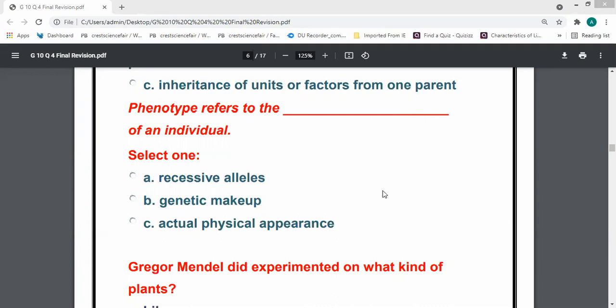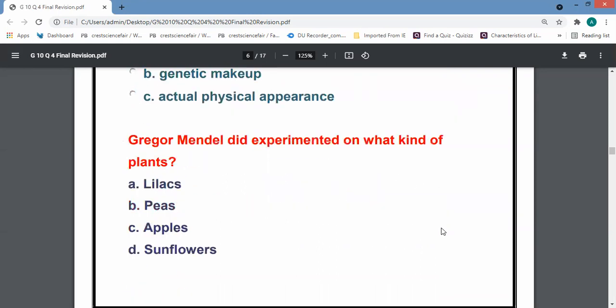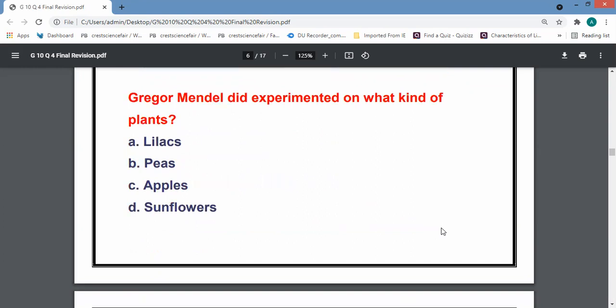Bravo, excellent. But genotype refers to genetic makeup, to differentiate between both of them. Okay, Habiba? Genetic makeup is genotype. Physical appearance is phenotype. Gregor Mendel experimented on what kind of plants? It's a very easy one.